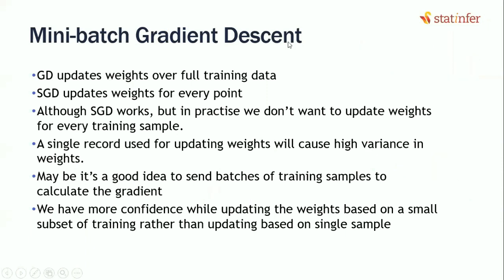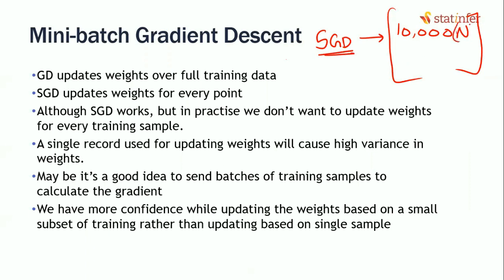So let us suppose you are using SGD. If you are getting confused about the number of iterations in SGD, let's say there are 10,000 records. This is the data whose size is n records. n is 10,000. In SGD, one epoch will have how many iterations? First think about it.